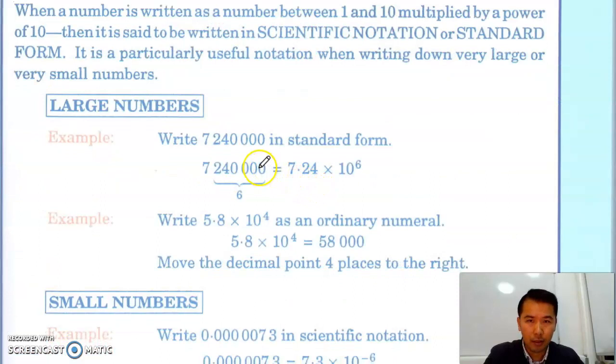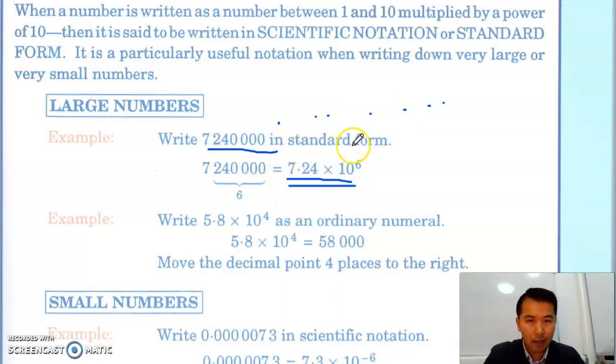Scientific notation. The reason we use scientific notation is we want it to be short and neat. If we have a lot of numbers, we don't have space to write, so we need to write in short form.